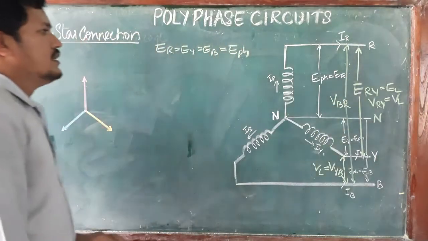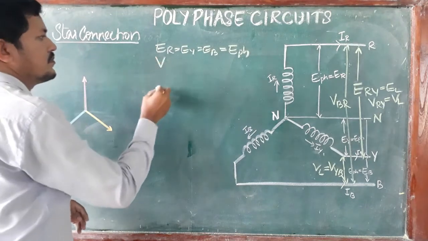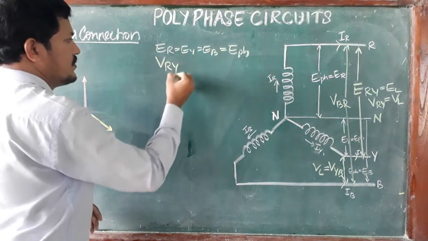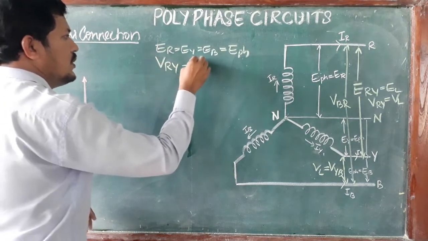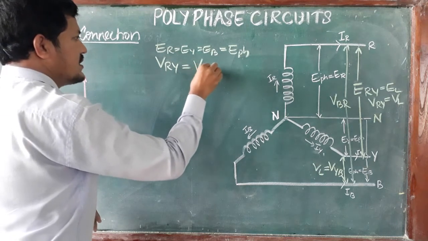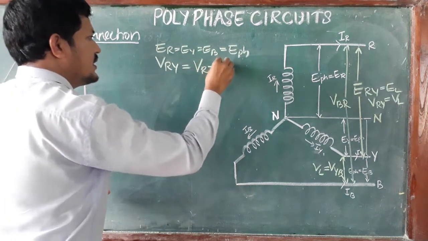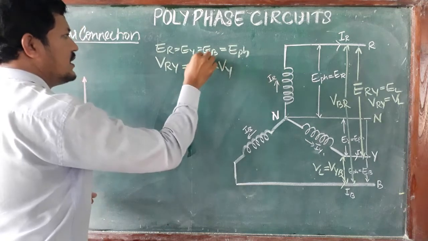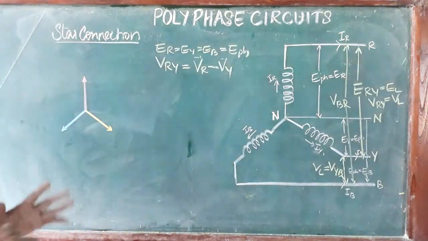Clear. So here VRY equals the voltage of the R phase minus the voltage of the Y phase. Both are vectors; we are discussing everything as vector quantities.